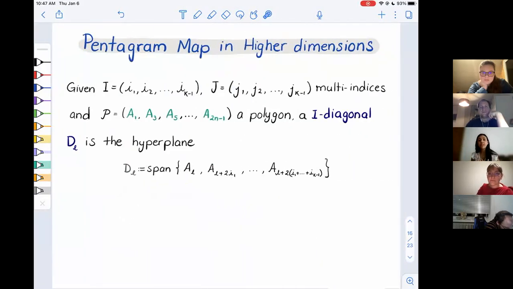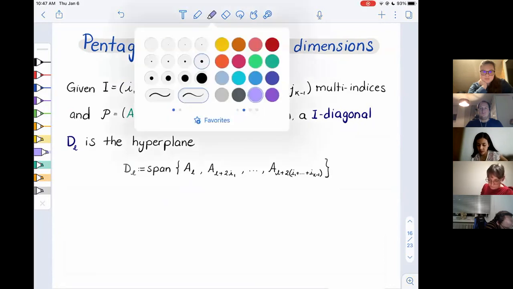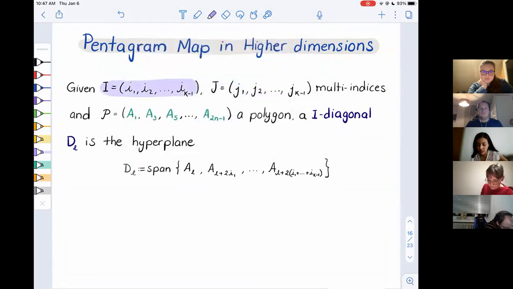The thing about Pentagram Map is that it can be defined in higher dimensions. There's not only one way of defining Pentagram Map in higher dimensions. But one way of doing it is, I'm going to start with two multi-indices. This one over here is going to tell me how to construct hyperdiagonals.